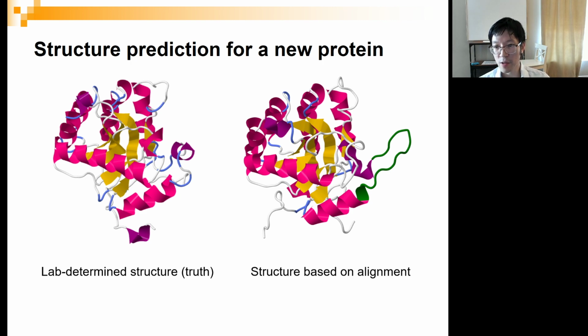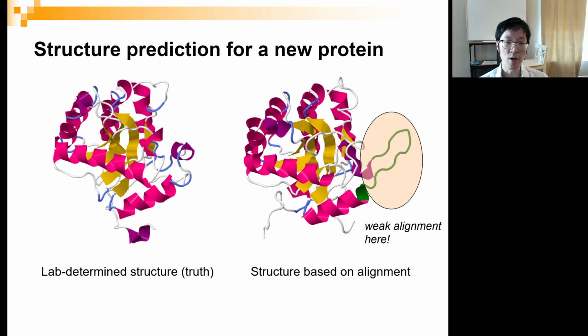I just highlighted here in green one part that seems to be sticking out and doesn't quite look like the true structure. Not surprisingly, that's also the region of the protein where there was not very much sequence alignment. In fact, that's the part we identified in the diagram on the last slide, where there was a weak amount of alignment.